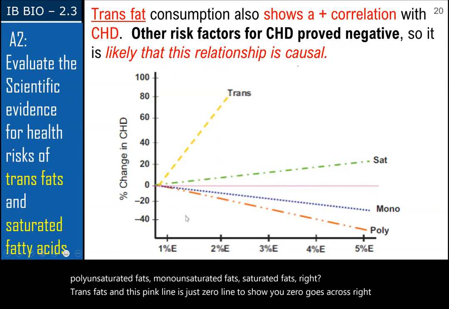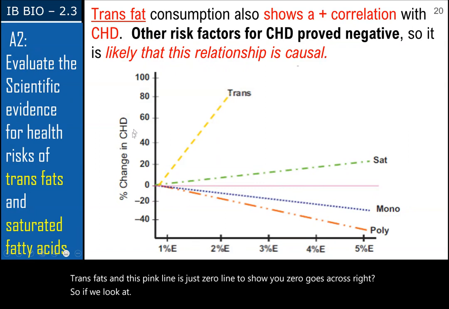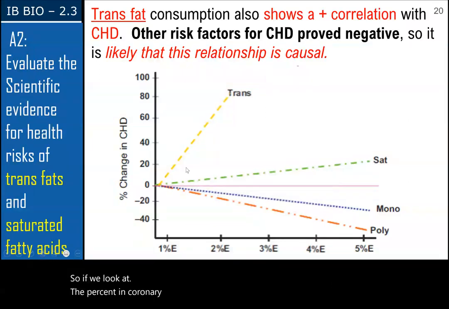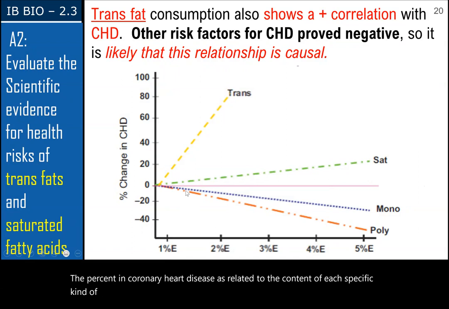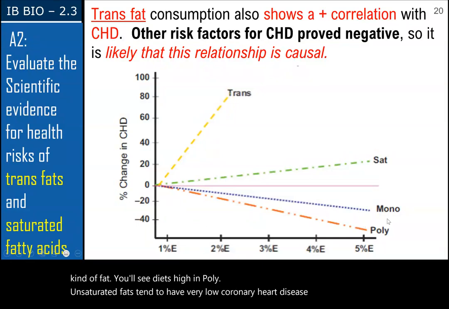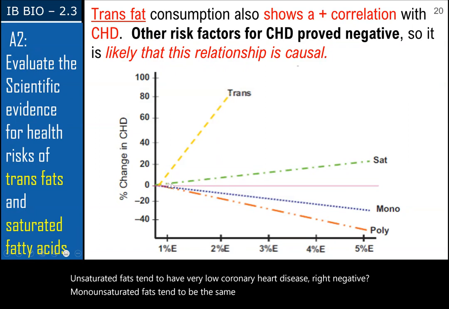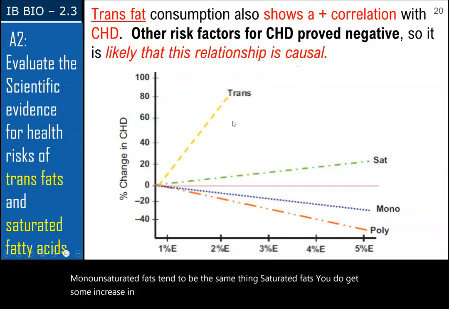If we look at the percent change in coronary heart disease as related to the content of each specific kind of fat, you'll see diets high in polyunsaturated fats tend to have very low coronary heart disease. It's negative. Monounsaturated fats tend to be the same thing. Saturated fats, you do get some increase in coronary heart disease, but trans fats show the largest increase in coronary heart disease.